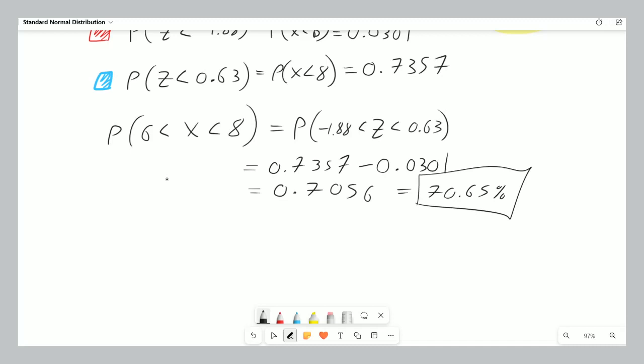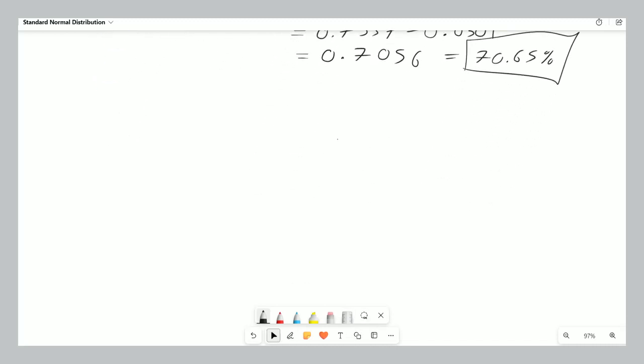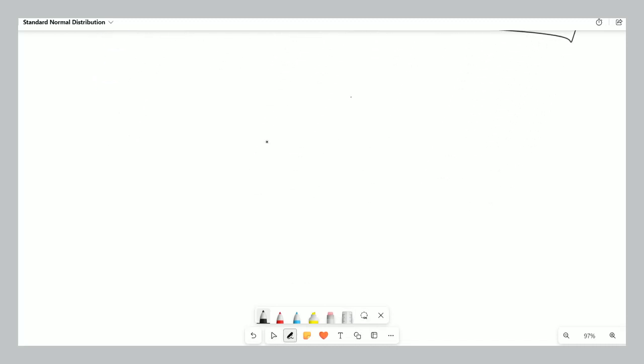Now, sometimes a situation could be in reverse. So a situation could be as follows, where, let's say, same situation, we have our mean value 7.5, our standard deviation 0.8, but we're not looking for a probability based on a certain range. We're looking for defining a range based on a probability.